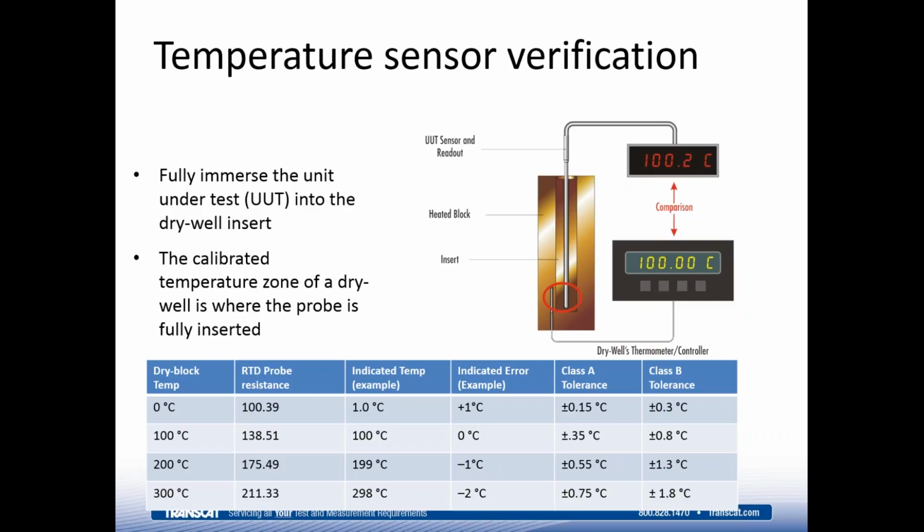Unfortunately, at every other point in this calibration, it was out of tolerance for a Class A RTD. But if you looked at a Class B RTD, at 200 degrees Celsius I'm still in, but at 300 degrees Celsius I'm out again, because my error was minus 2 degrees Celsius and my tolerance was 1.8.